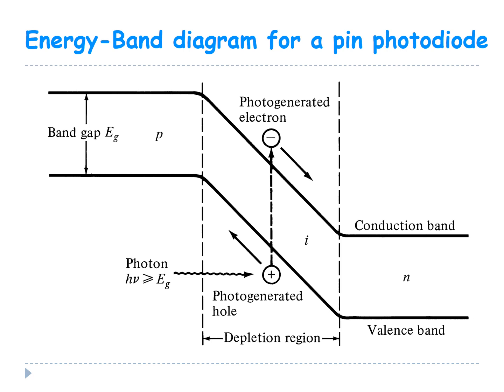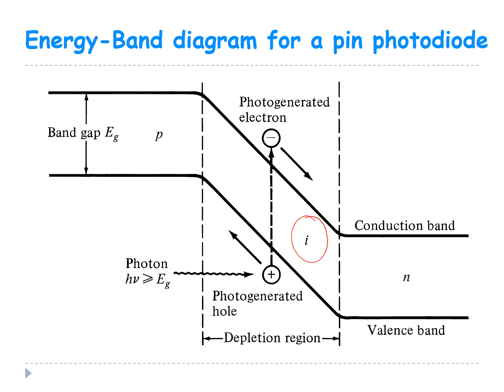You can see that if you match the thickness of the intrinsic region and the P and the N experimentally, you find that the entire intrinsic region forms the depletion region.